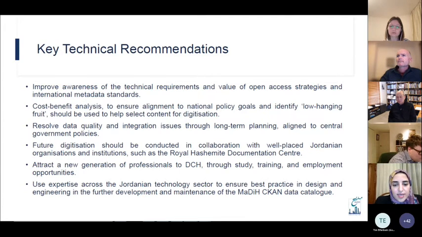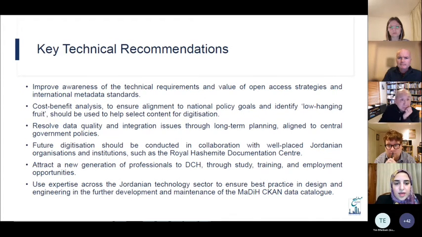The technical partner was the Jordanian Open Source Association, an NGO whose work is mainly related to development and technical issues, as well as the Department of Antiquities as the main organizational partner, and the Endangered Archaeology in the Middle East and North Africa project, EAMENA, from the University of Oxford, who also helped us very well with the vocabulary and everything related to the technical development of the catalog.